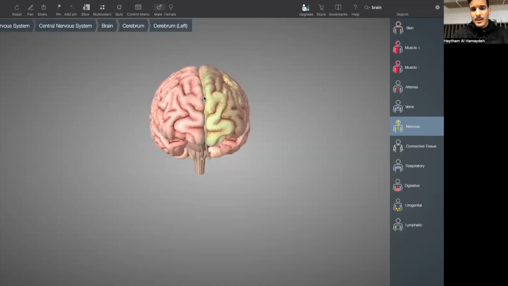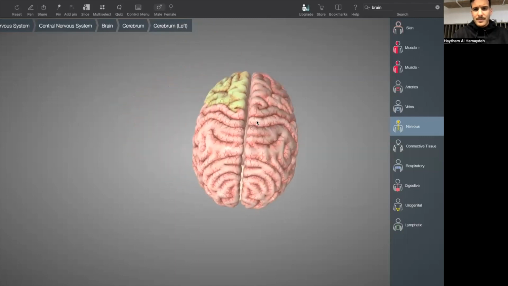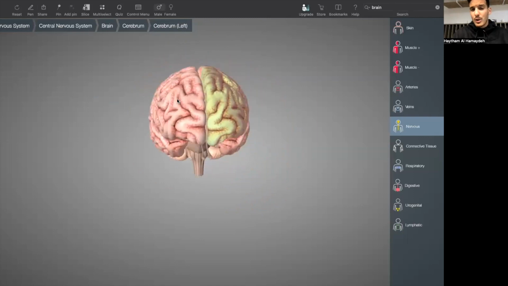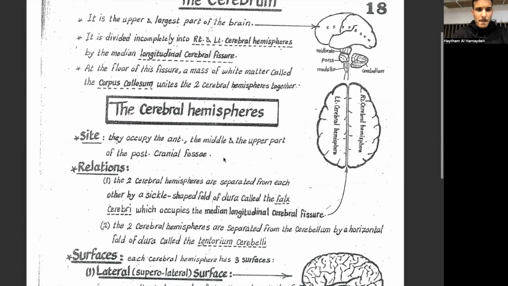And you see that left and right parts of the brain. And now in a bit, I'm going to dive into those lobes and what makes up those lobes. You will learn more about the corpus callosum, and you will see the structures found deeper within the brain.